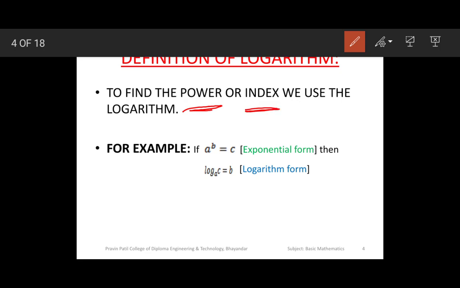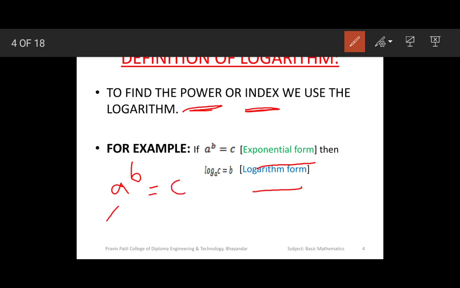Now there are two types of forms for writing a number. One is the raised to form, which is known as the exponential form, and the other one is the logarithmic form. Now the exponential form is a raised to b is equal to c.